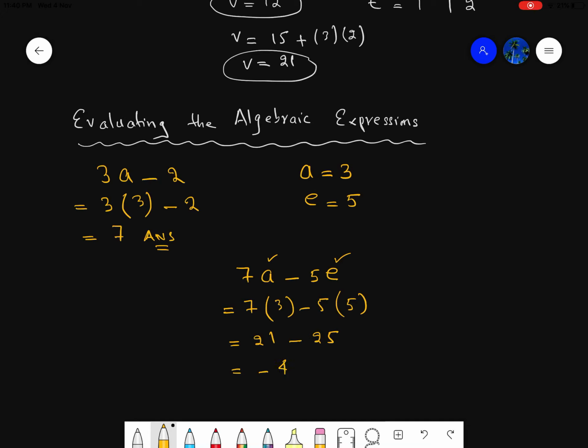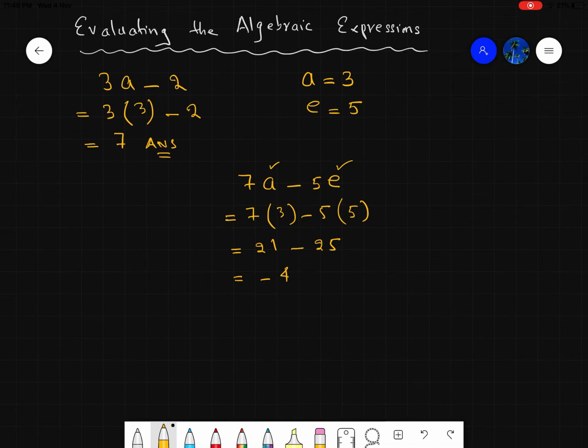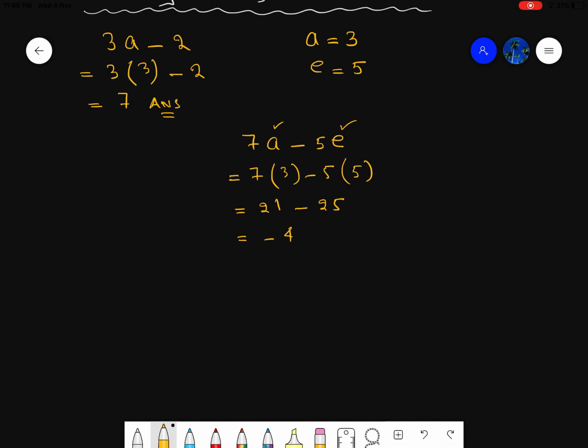So that would be our final answer. Similarly, you can have other types of expressions with different values of the variables, and you have to evaluate those expressions.